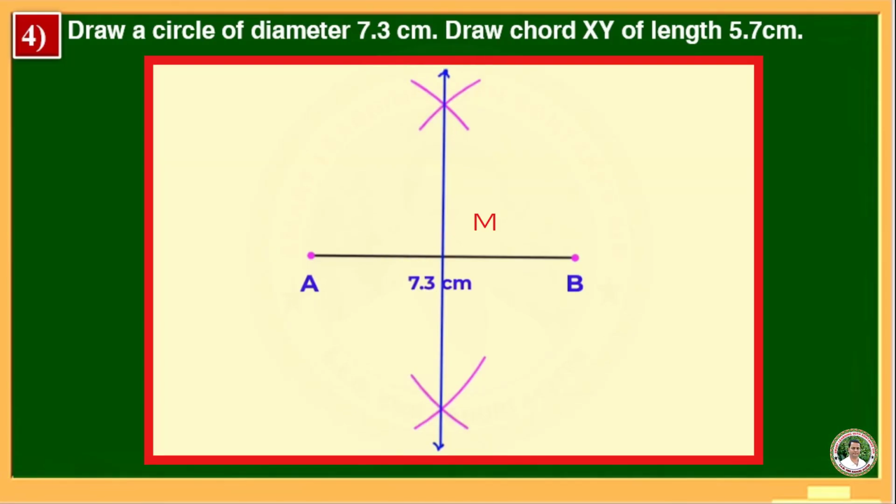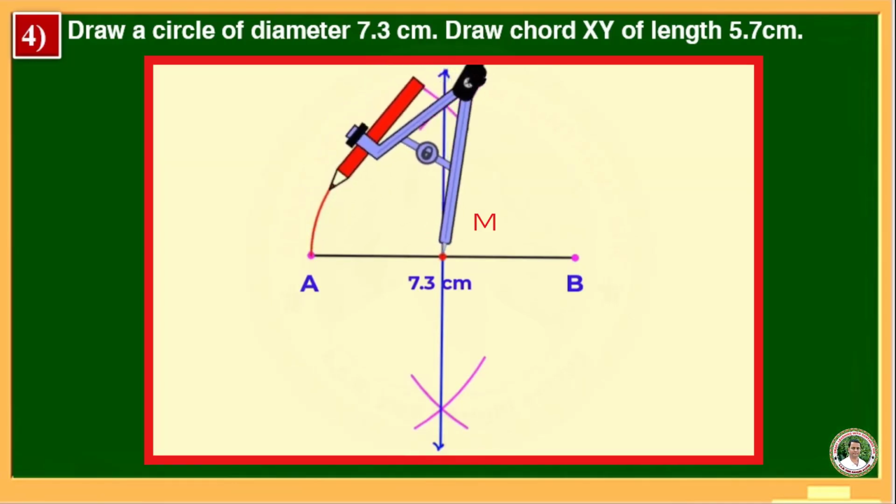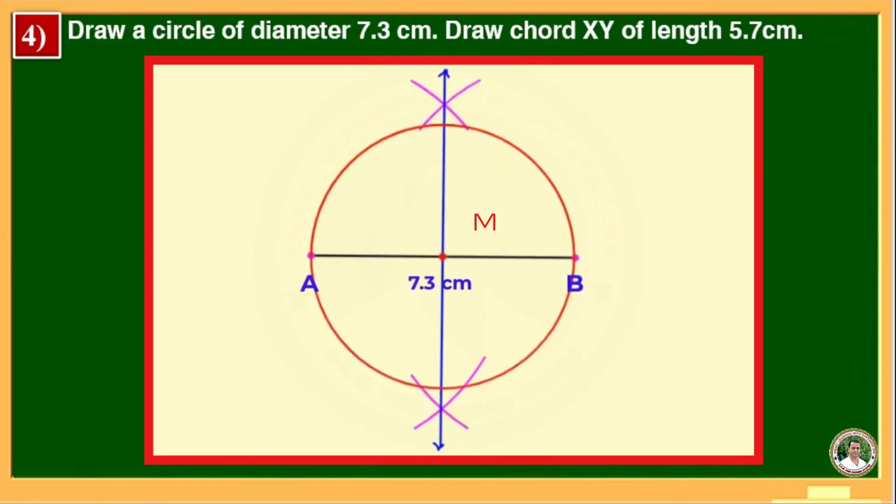This line intersects at point M. Now M as a center and MA as a radius, draw a circle passing through the points A and B. Now AB is the diameter of a circle.